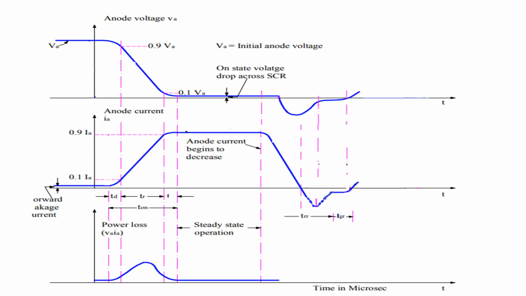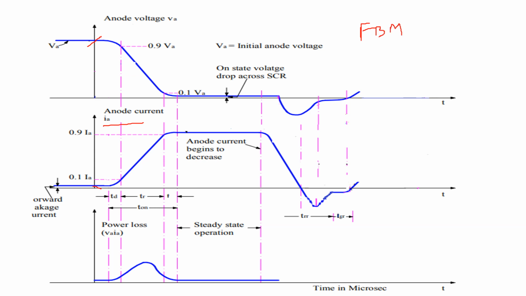I think everyone has this doubt: why initially do we consider voltage to be maximum and current to be minimum? That is very simple. This is the on time, the time taken by the SCR to change from forward blocking mode to forward conducting mode.